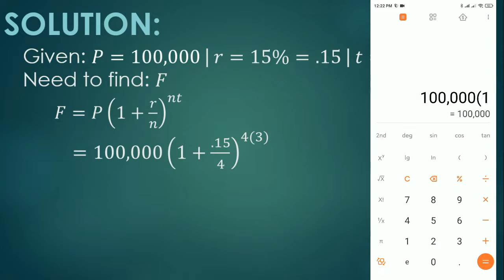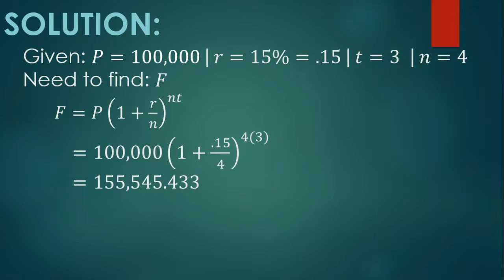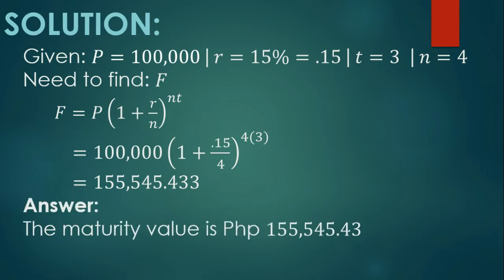So calculating this in any calculator available, 100,000 times 1 plus 0.15 divided by 4 raised to 12, it will give us 155,545.433. So therefore, our answer is the maturity value is 155,545 pesos and 43 centavos.